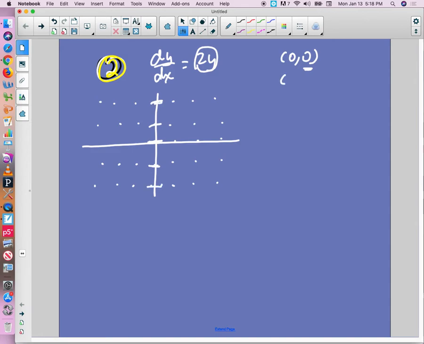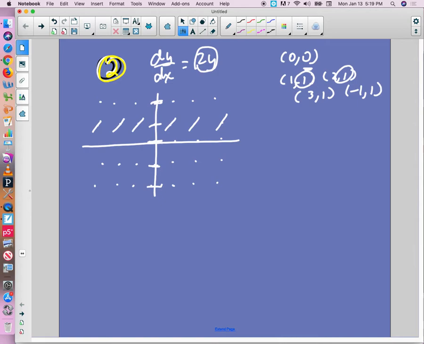And then at the points 1, 1, or 2, 1, 3, 1, negative 1, 1, and so on, all of those slopes are going to be 2y, so the slopes are going to be 2. So they're pretty steep here, all of these points. Trying to get them all to be a little steeper than 1.